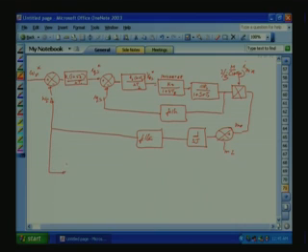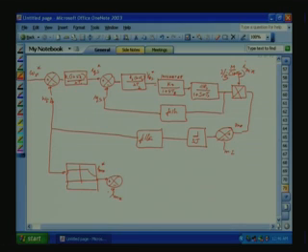D axis, see you have the current reference. Under field weakening, it will go inversely proportional, both the forward and reverse. So this will give our, depending on the speed, our IMR reference plus minus IMR feedback.